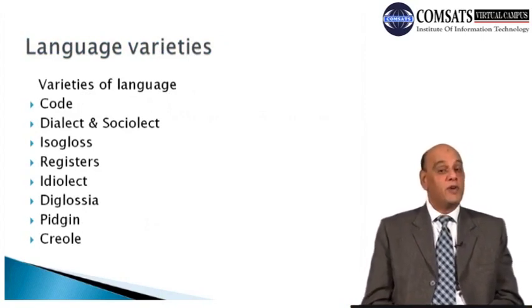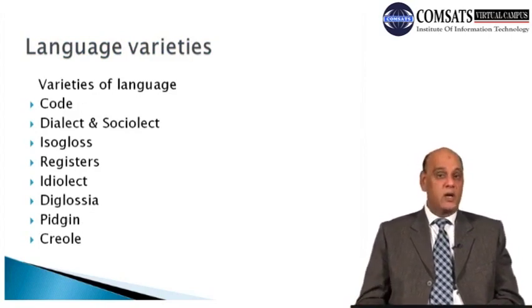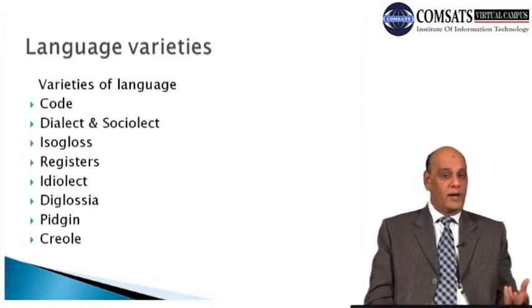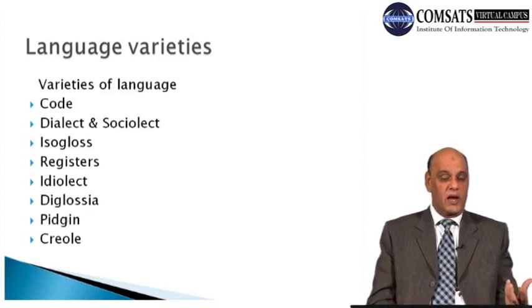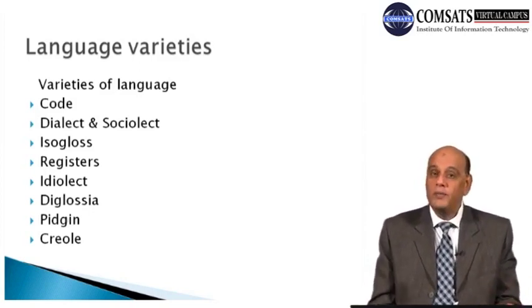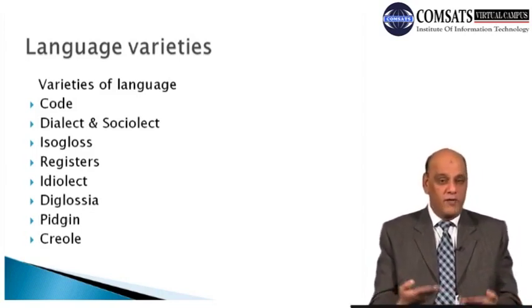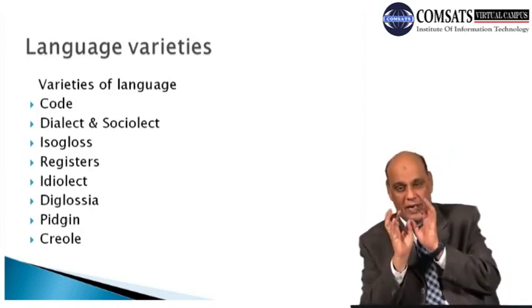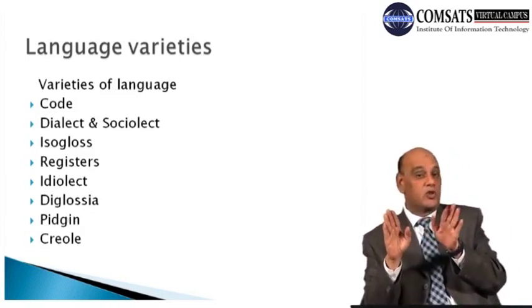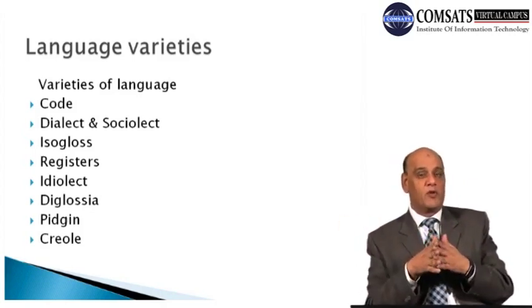Some of the language varieties we discussed briefly, and then later on in one of the last lectures we talked about the details of the varieties and the changes in language. Now, code: a set of rules which is used for every language, a collection of instructions which help people form the languages, which help people form the sentences.